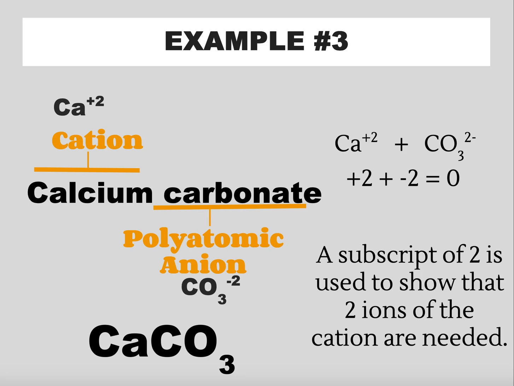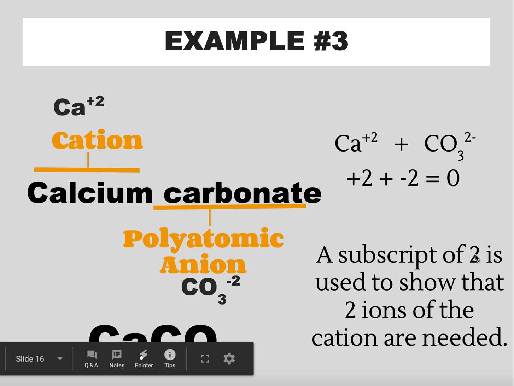I don't need parentheses. I don't need anything else. This little thing, the subscript of 2, that shouldn't be there. Cross that out. This should go away. How do I do that? Don't read this. This is a typo.